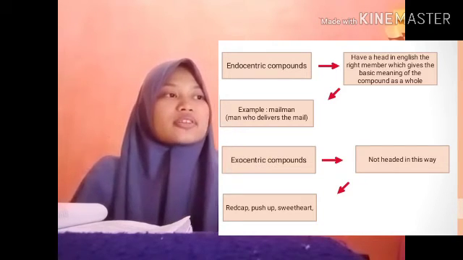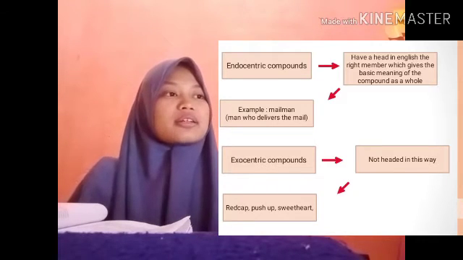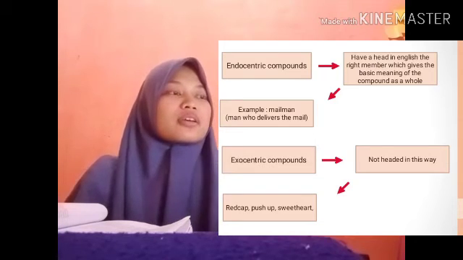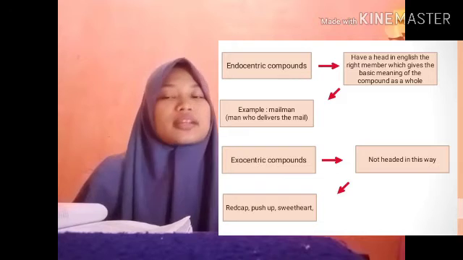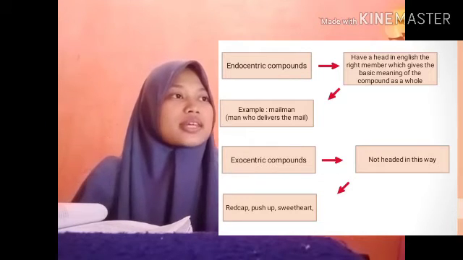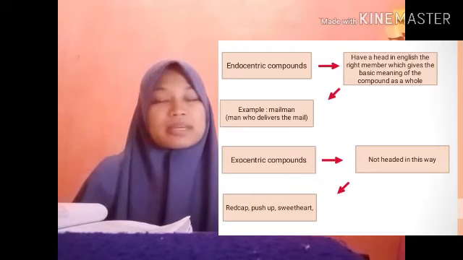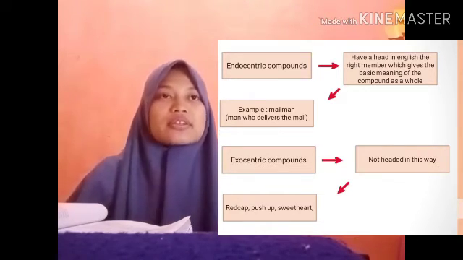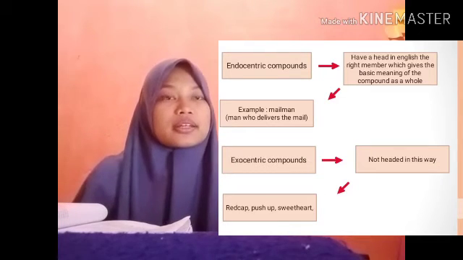And exocentric compounds are not like this. The examples are redcap, push-up, and sweetheart. Then what is the difference between endocentric and exocentric compounds? The difference is that in an endocentric compound we can guess the meaning based on the two original words, like mail and man.